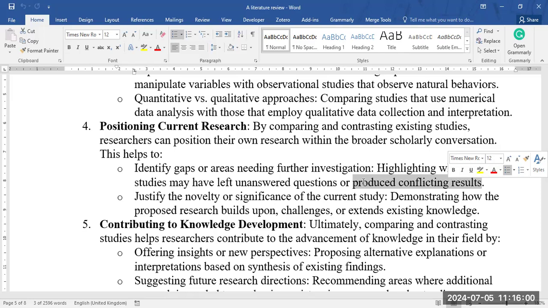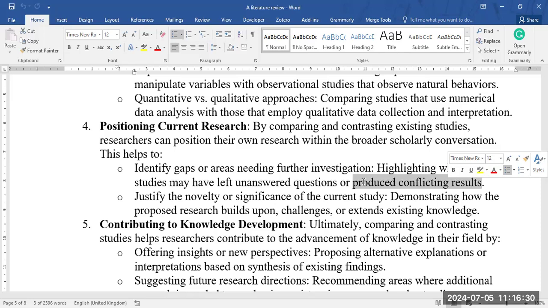So it is a conflict. Which one is correct? In that case, researchers can think, okay, existing research is not giving answers to some questions, and some existing research is producing conflicting results. So the researcher can think about initiating another research to identify the real results, or to answer some unanswered questions. So they can initiate a research to fulfill that gap.